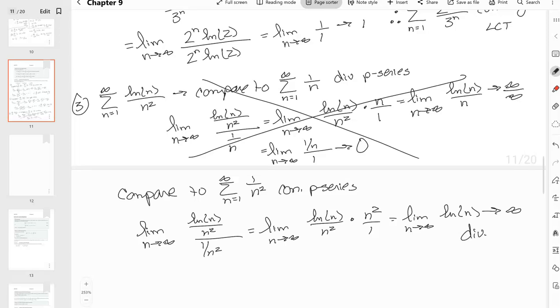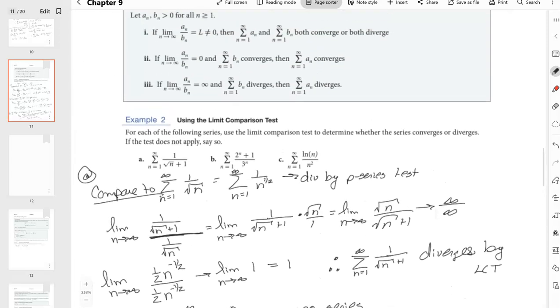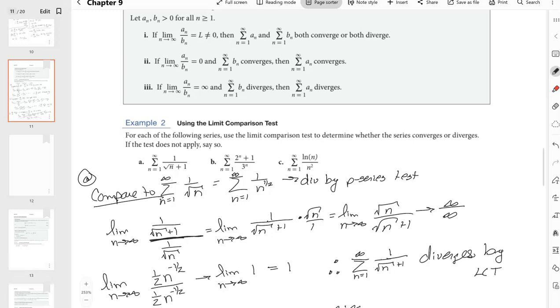This diverges. So let's see what our theorem says about diverging. Part 3 says if the limit as n goes to infinity of a sub n over b sub n goes to infinity, then if we pick something that diverges, then the other one's going to diverge.